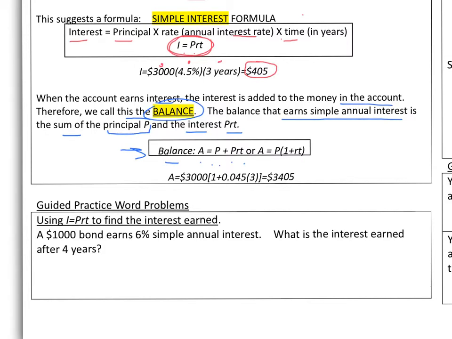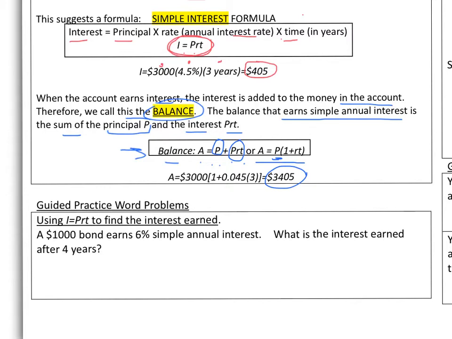We can distribute the P and rewrite the formula as A equals P times (1 plus RT). So if I deposit $3,000 in the bank, after 3 years I would have a total of $3,405.